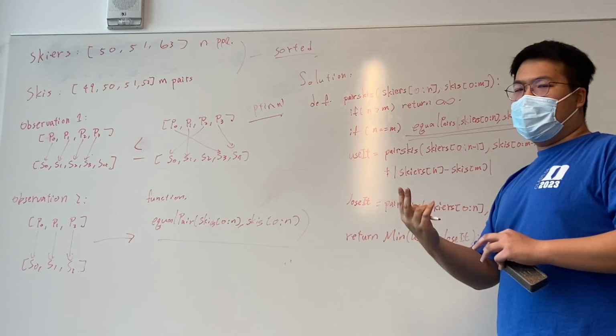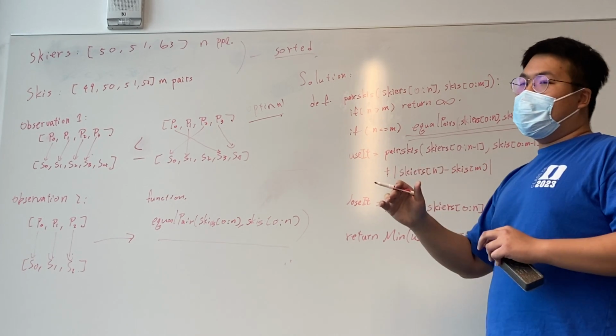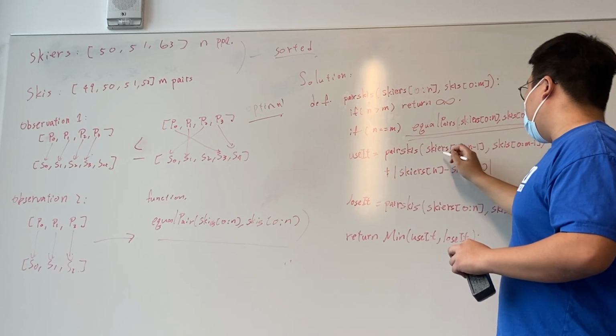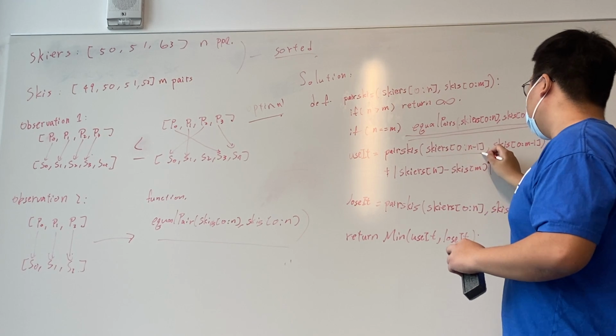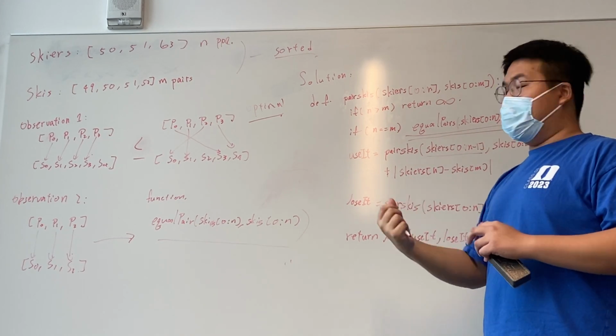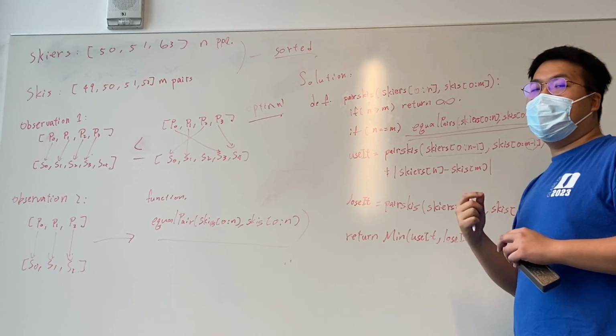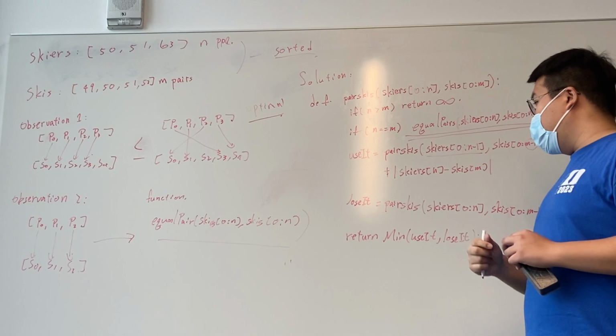So there are just two scenarios. Either the skier picks the skis, so then we have n minus 1 because the person already got the skis, and n minus 1 because the skis have already been distributed to that person.